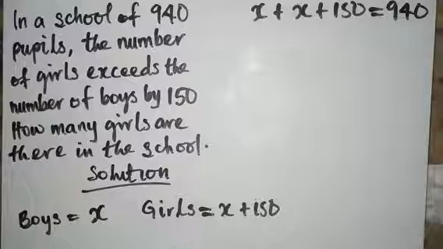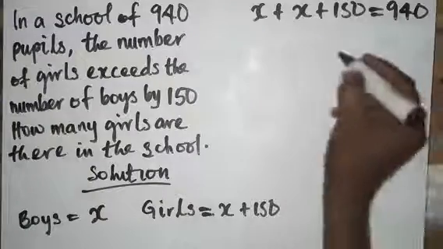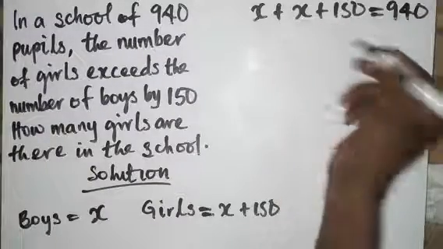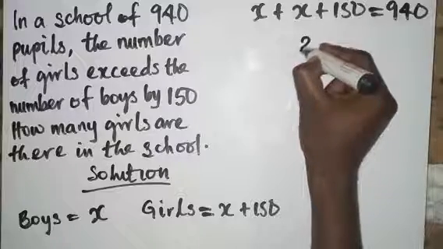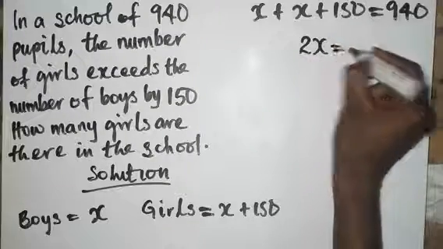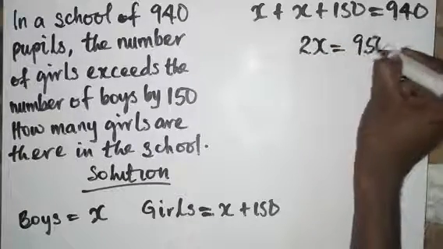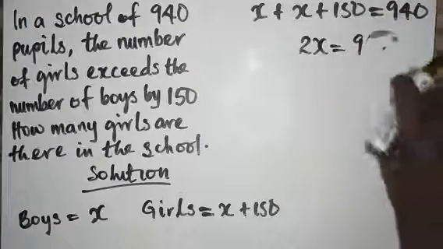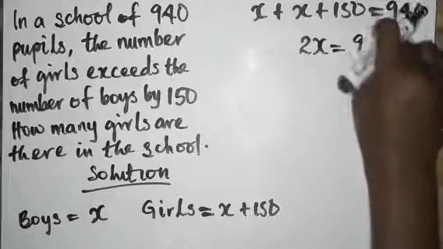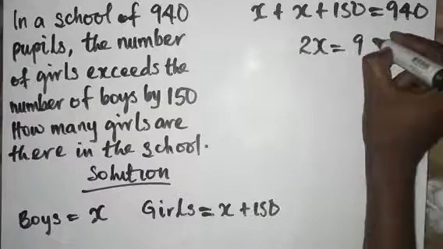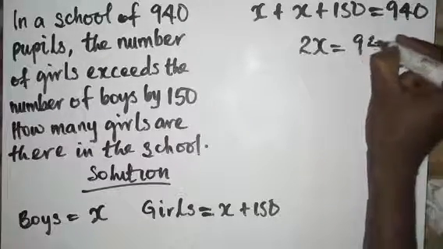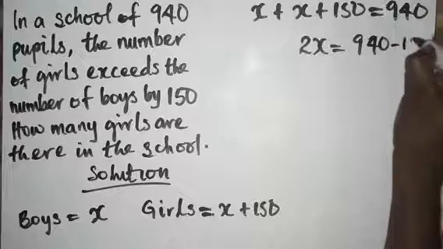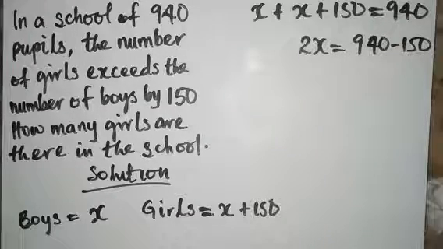Good. So what it implies is the X and X are common, so we can add them. 2X equals 940 minus 150. Okay, so a matter of subtraction.